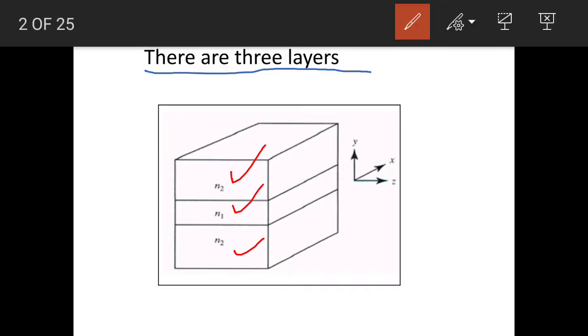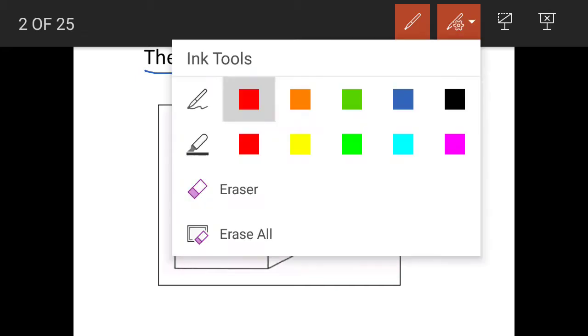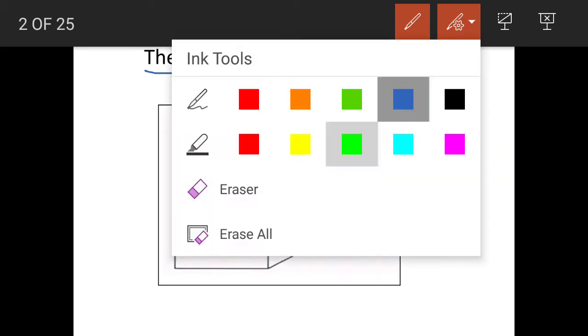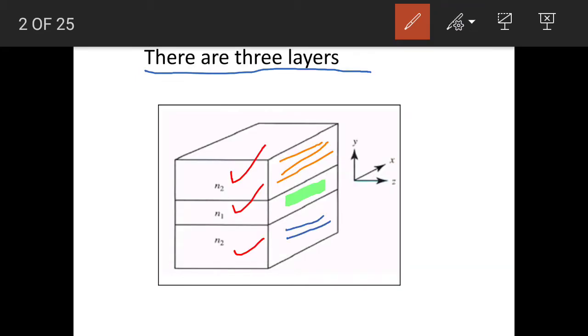The refractive index of the central layer is N1, the refractive index of the bottom layer is N2, and the refractive index of the top layer is N2 as well. So here is the top layer, here is the central layer, and here is the bottom layer of this waveguide.